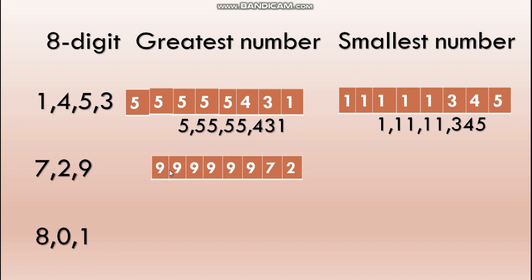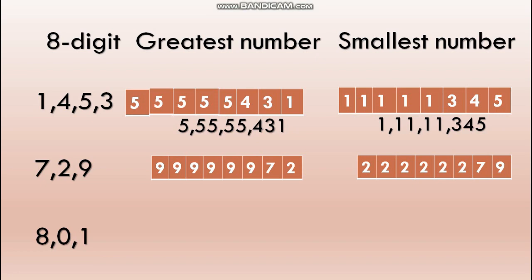Similarly, to write the smallest number, first arrange the digits in the ascending order. So at hundreds, tens and ones we have 279. Now to fill up the rest of the 5 digits we will write 5 times 2.